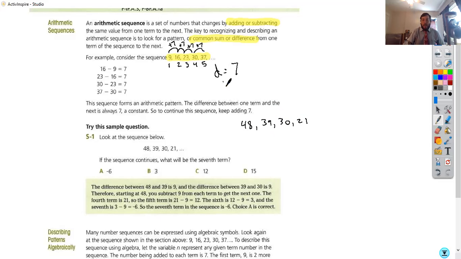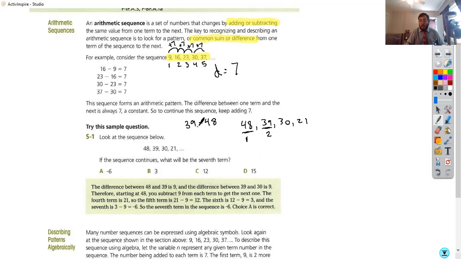So if I want to find the common difference, I take the first two terms. So here we have our first term, 48, our second term, 39, and I subtract the first term from the second term. So I take 39 minus 48.